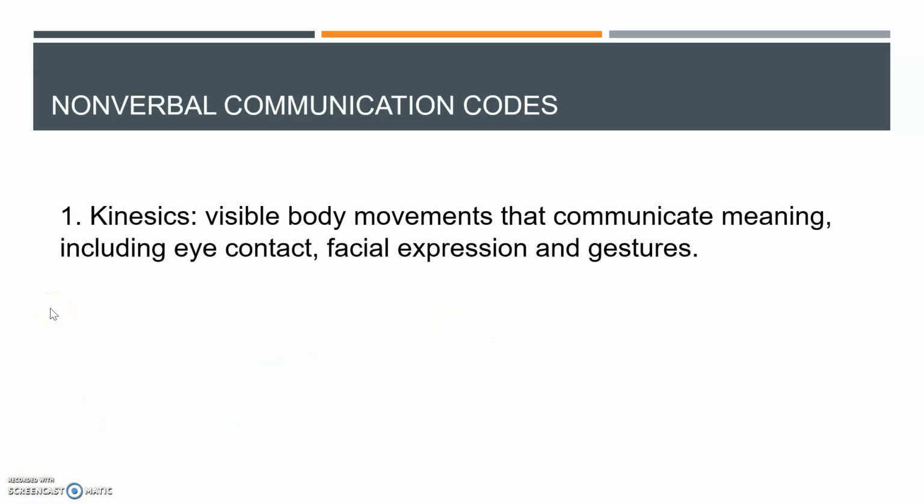The first one, kinesics, like I said earlier, refers to all the visible body movements that communicate meanings. This can include eye contact, our facial expressions, and our body gestures. Let's say for some reason you are feeling very vulnerable today and would like to seek some support from your friends. When you tell your story, your friend is leaning forward, maintaining eye contact with you, patting your shoulder from time to time and hugging you when necessary.